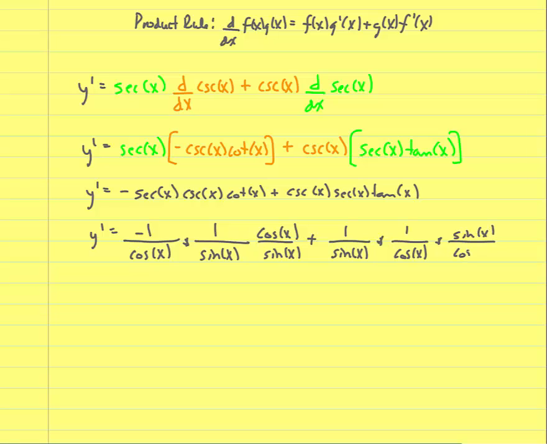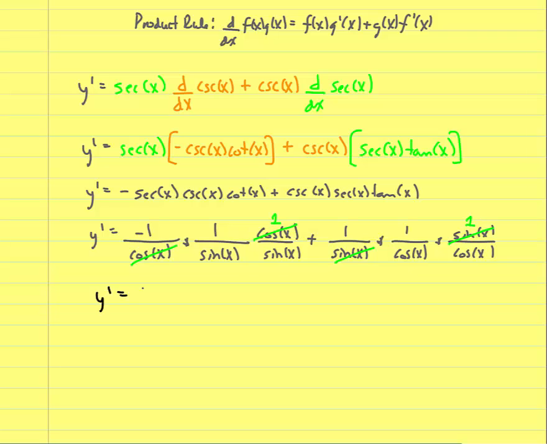Now don't drop the arguments. Even though I say tangent is sine over cosine, of course it's sine of x over cosine of x. So it looks like cosines cancel here to leave me with a 1. Sines cancel here to leave me with a 1 as well.